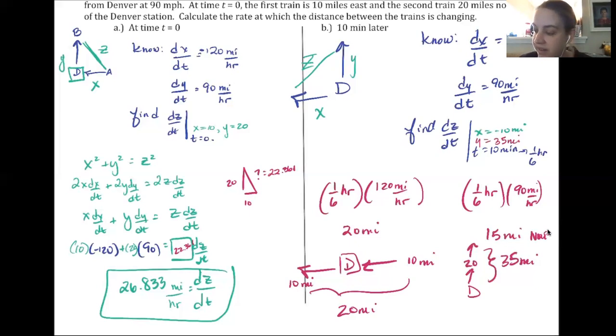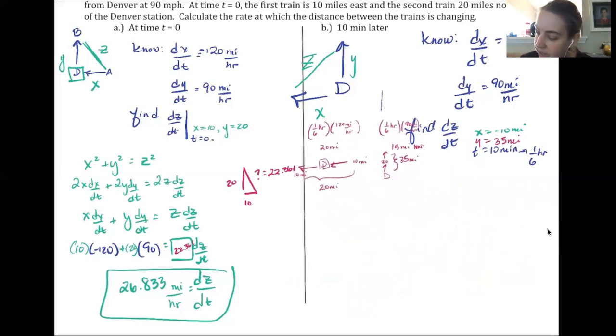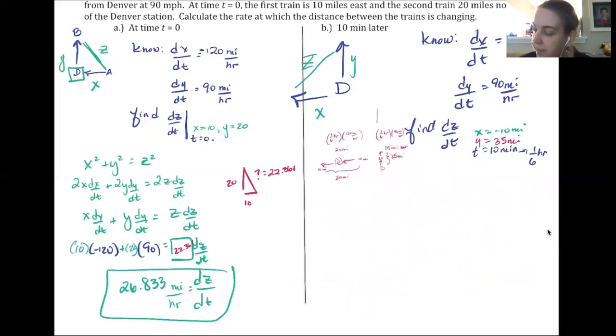I'm going to see if I can save this here real quick. I'm going to shrink this, bring it over here. There it is. Okay, so let's get back to our triangle. It's still the Pythagorean theorem. It's still x squared plus y squared equals z squared.